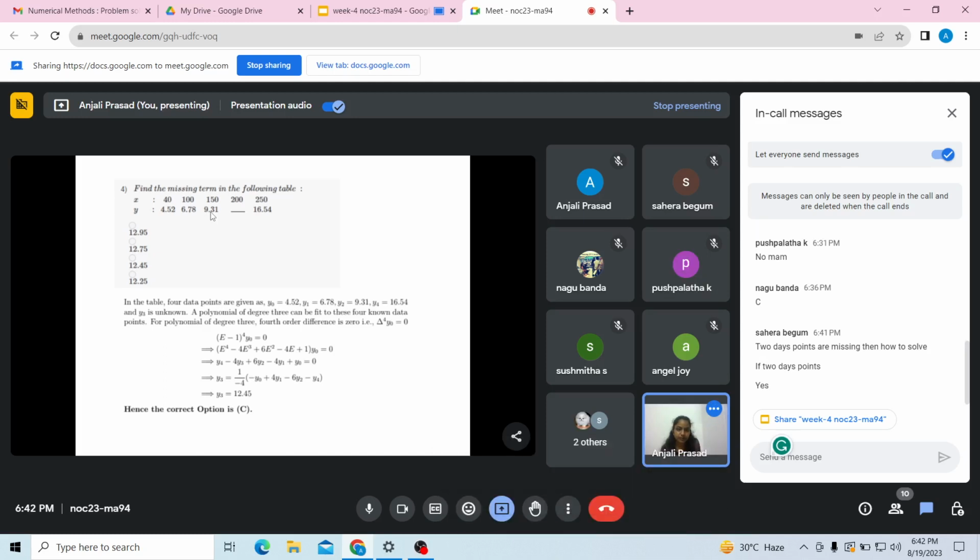Yeah, you can say. The question that you are asking, if 2 points are missing, then also you have to proceed in a similar way. Take the starting few points and then interpolate, and then take the other points. Like you can start with the starting 4 points, and then you can start with the next 4 points. Okay.